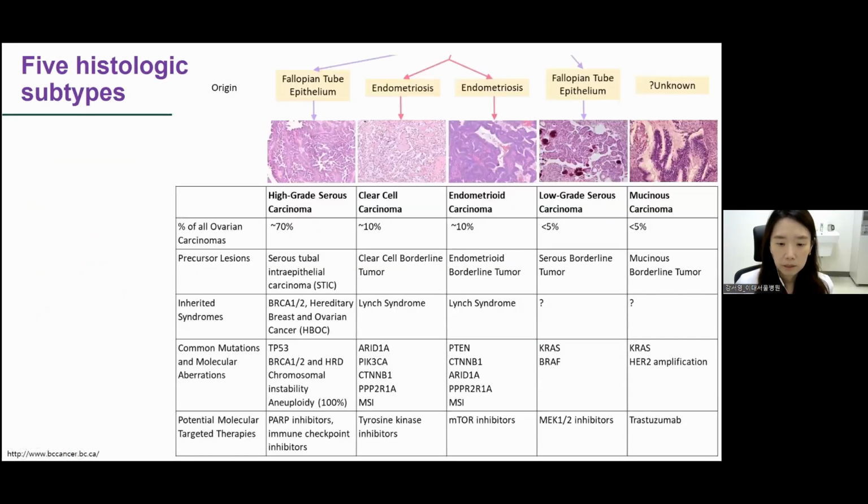These are further details of the major subtypes: high-grade serous carcinoma makes up 70% of ovarian carcinomas, clear cell carcinoma 10%, and endometrioid carcinoma also 10%.